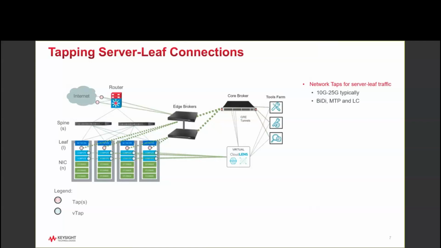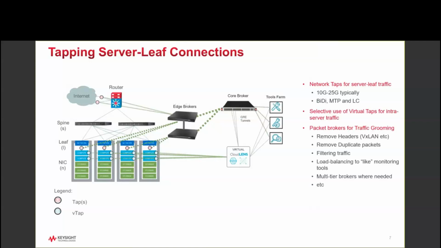And then of course, still applying VTAPs as needed if you really need the VM to VM traffic within those servers for your most critical apps. And these connections, it's going to be more connections, but they're going to be a little lower speed. Typically, these are 10 or 25 gig. And then of course, again, the same packet broker technology to groom that traffic with some of the functions you see there on the right.